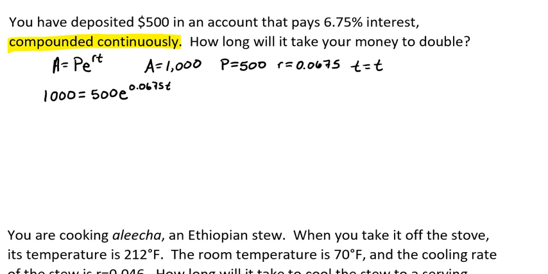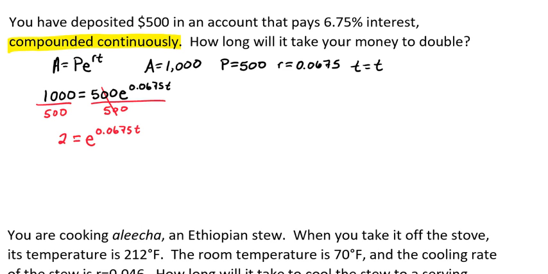So to solve for t, we'll first divide both sides by 500, giving us 2 equals e raised to the 0.0675t.